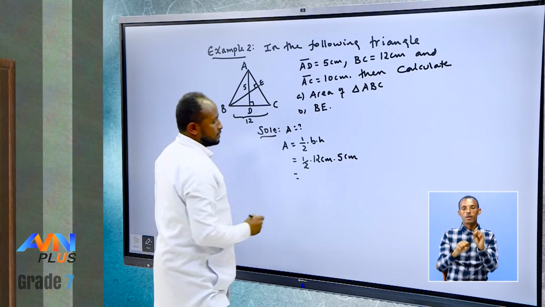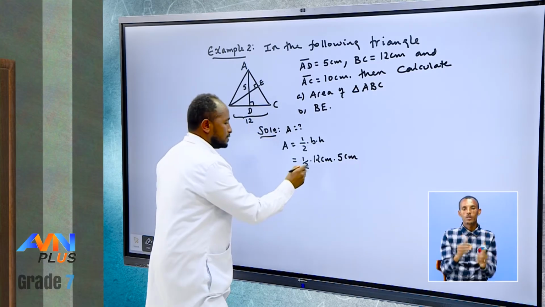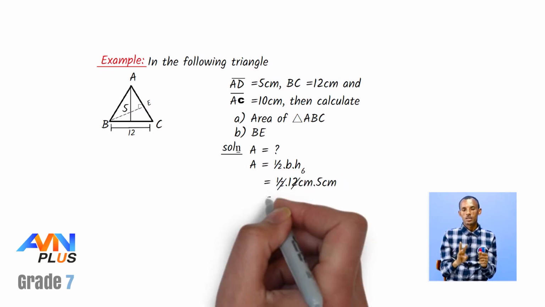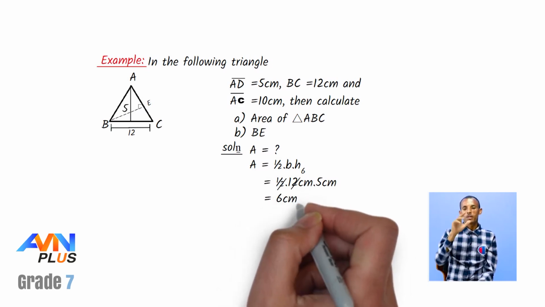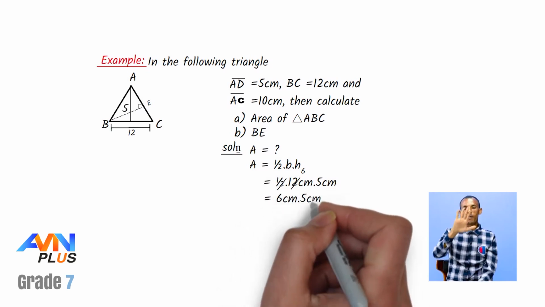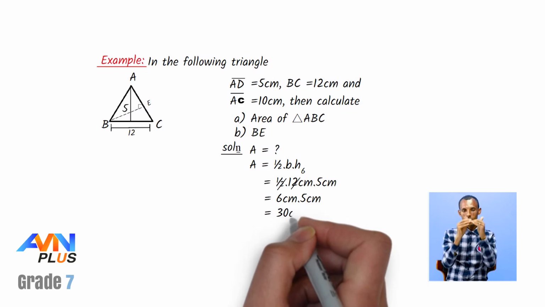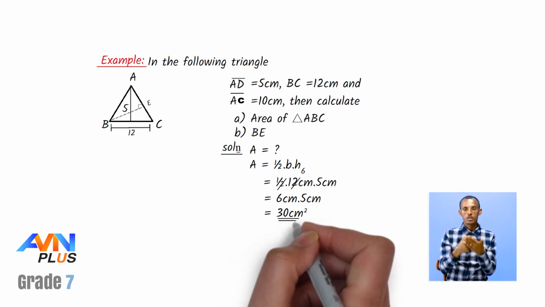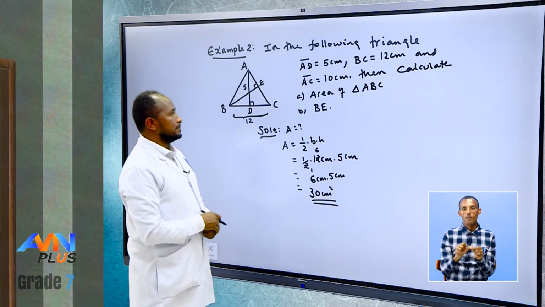So you can cancel by dividing both by 2, this becomes 1, this becomes 6. So 6 centimeter times 5 centimeter will be 30 square centimeter. This will be the area of the triangle.